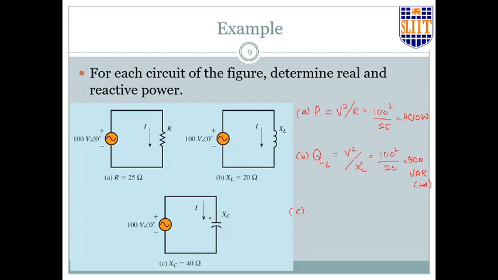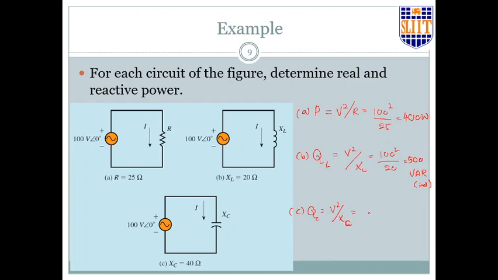C, now we have a capacitor, right? So what's the power? Again reactive power, so QC is V squared over XC, right?